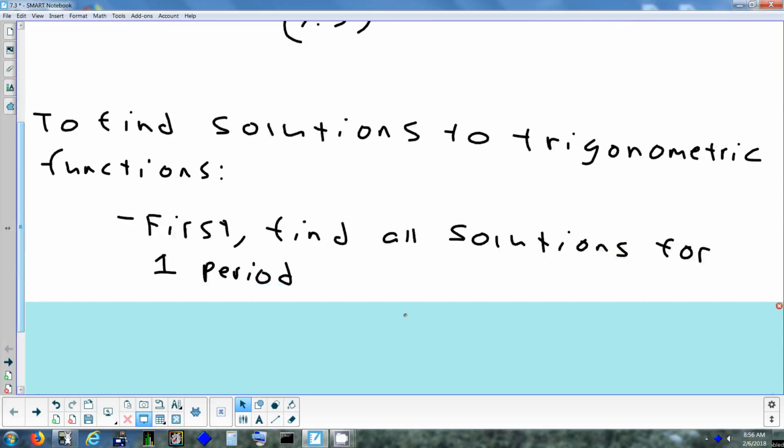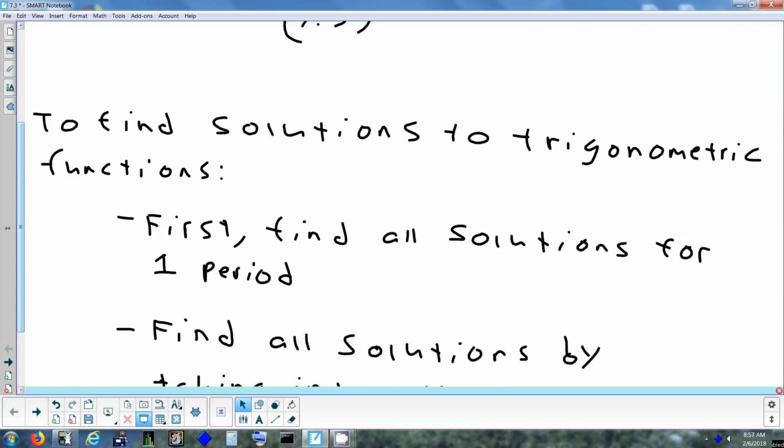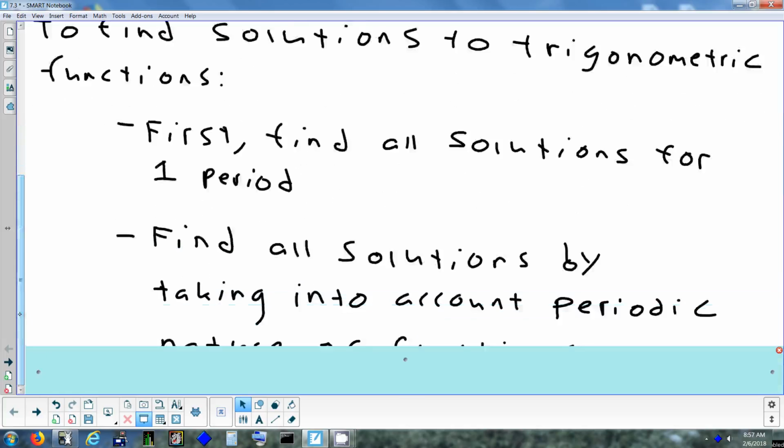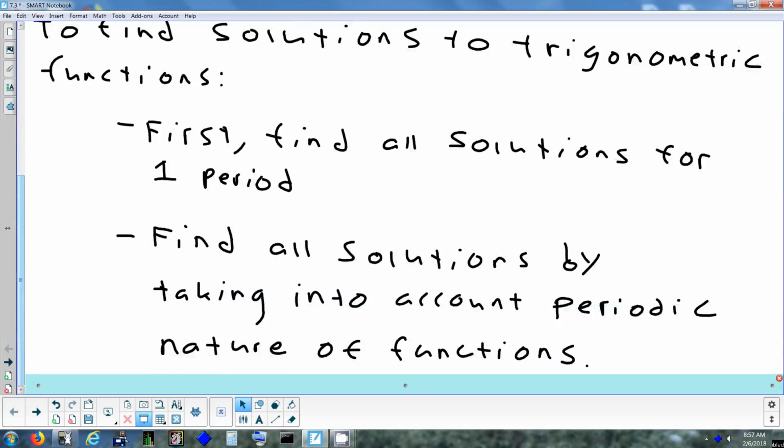So the idea is you have to find all the solutions in the first period. Find all the solutions you need within one cycle, and then once you have each one of those solutions, you take into account the period to represent all solutions.